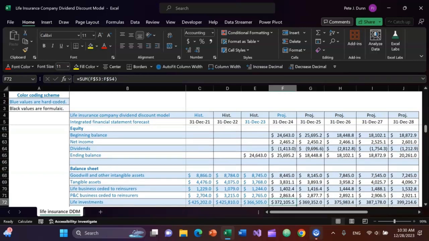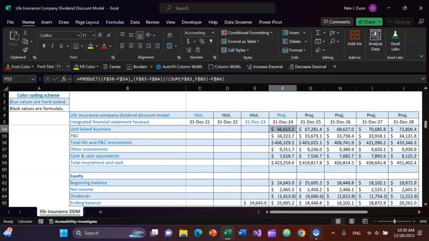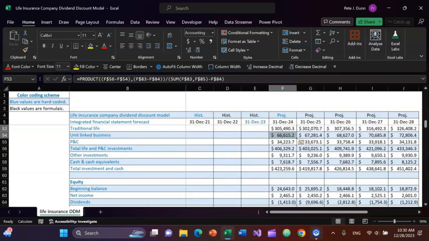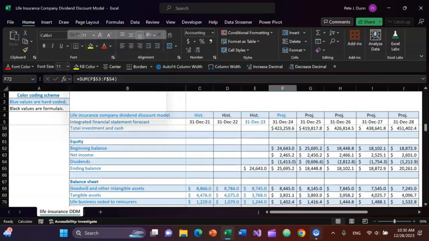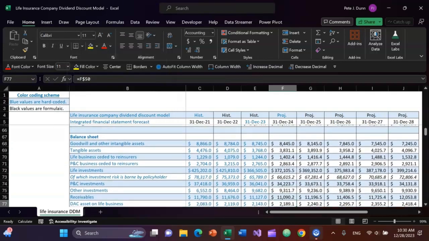Sum up rows 53 and 54, and you get the total life investments. So again, we forecasted those before. That's your traditional life plus your unit link business. I'll press F5 enter to get back.